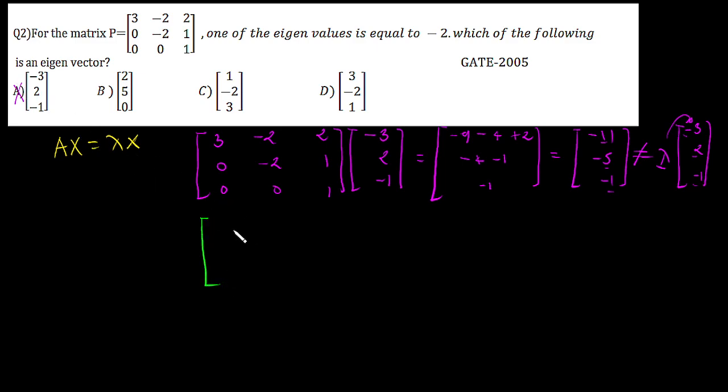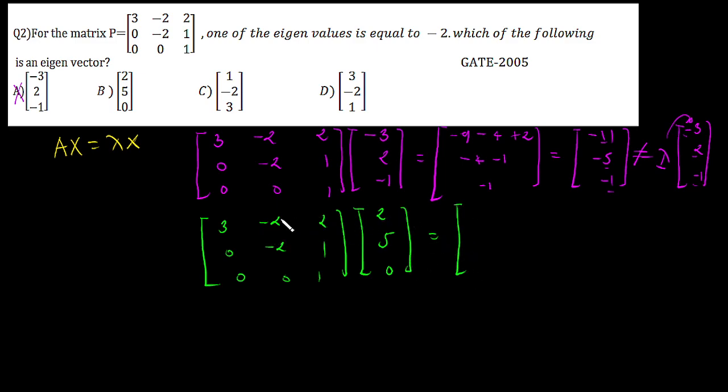Again, let's write this matrix as it is, and multiply it with the vector given in option B, which has the values 2, 5, 0. Again let's do the multiplication. Here 6 minus 10, so minus 4.